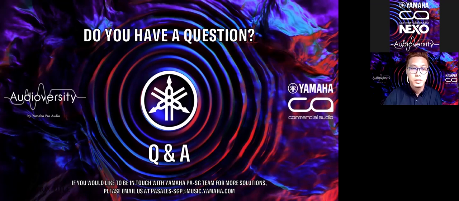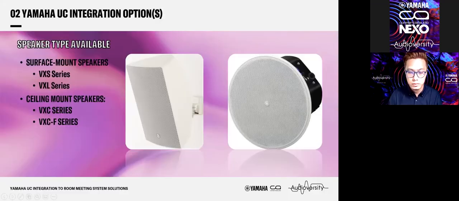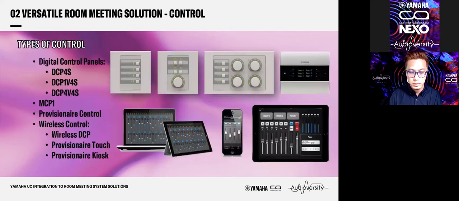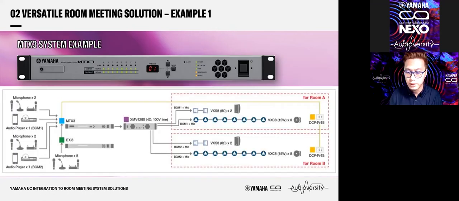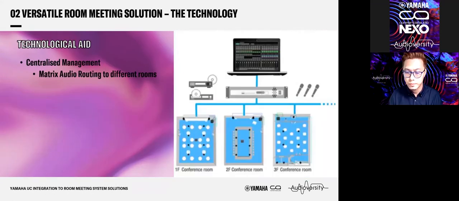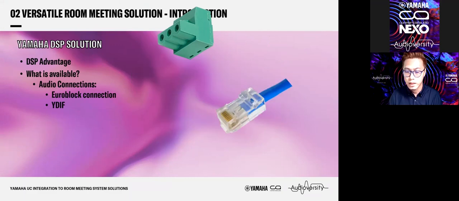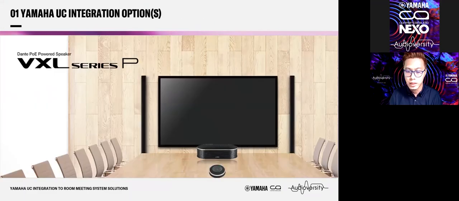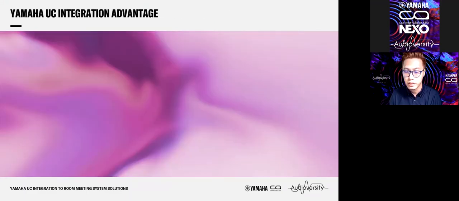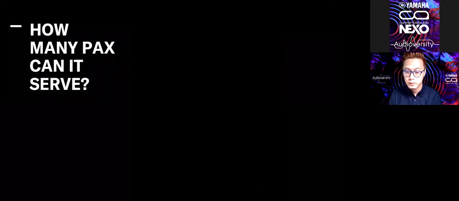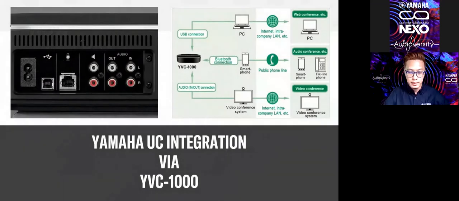I'll probably scroll back to that slide for you. Okay, let's take a look again. Probably some of you never got to see it earlier. Okay, so this is where the Yamaha UC YVC 1000 comes in very useful. So this is where I can answer the question.